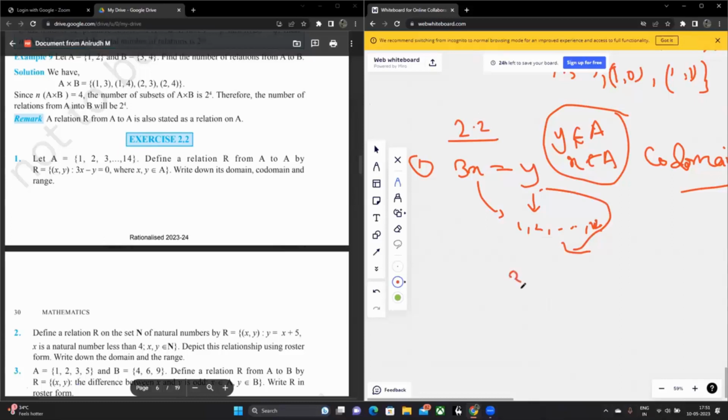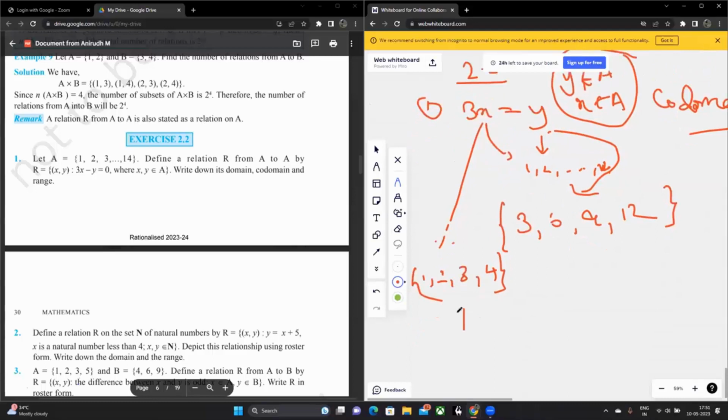So y takes the values 3, 6, 9, and 12, right? And so x takes the values 1, 2, 3, and 4, right? You can see that if x takes the value 5, then y should be 15, but 15 does not belong in A, so y cannot be 15, right? So x cannot be 5. Same goes for 6, 7, 8, 9, 10, 11, 12, 13, 14.